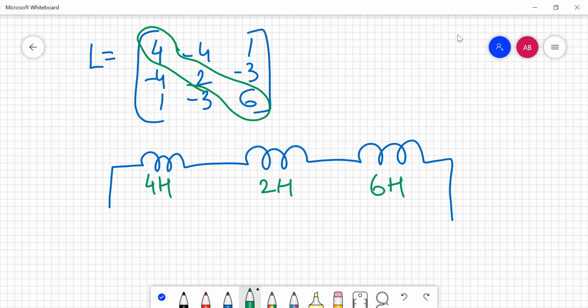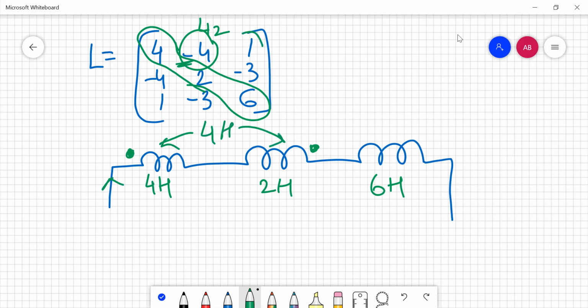Now come on to the mutual inductance coefficient between coil number 1 and 2. Between 1 and 2, the mutual inductance coefficient is negative, right? So let's say if the current is entering here, it will be leaving here, right? So the mutual inductance between the two will be 4 Henries.